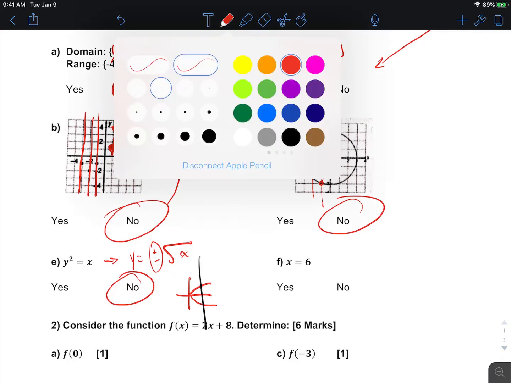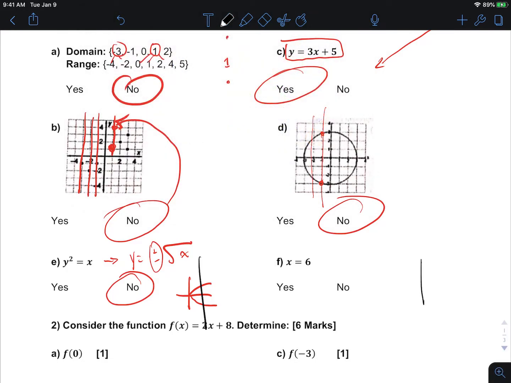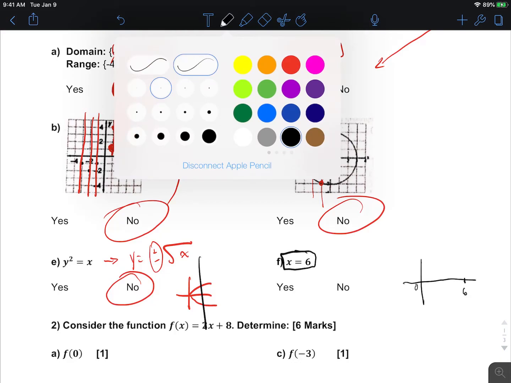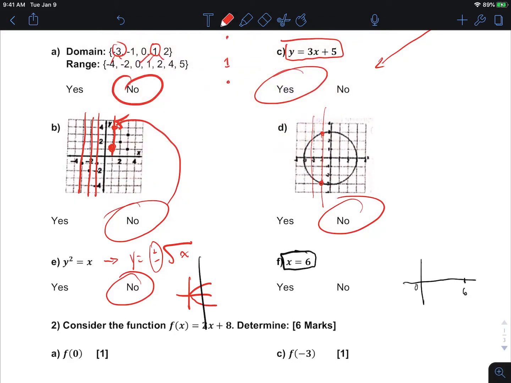This one, a little bit tricky. If I were to draw an XY grid, zero's here, and then I'd get out to 6, right? This right here is a vertical line, right? Because every value, if I drew a vertical line from here to wherever, every value along it is going to have an x value of 6, right?